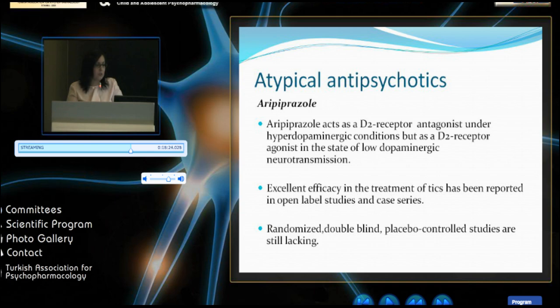The most important shortcoming is that there are not enough randomized, double-blind, placebo-controlled studies. These are still lacking. Case reports and open-label studies show that it is very effective, especially with regard to resistance to treatment by other drugs.